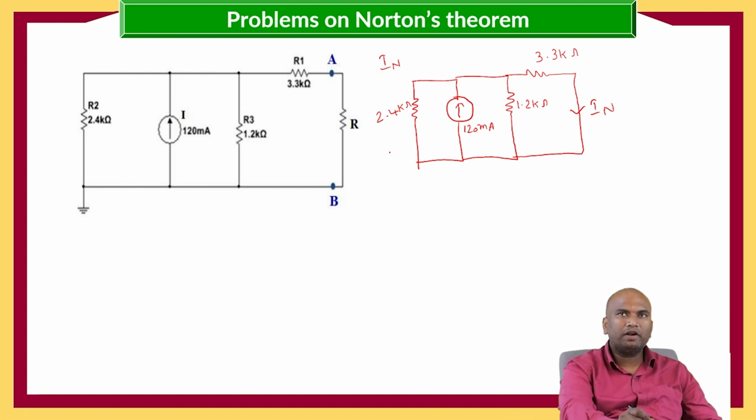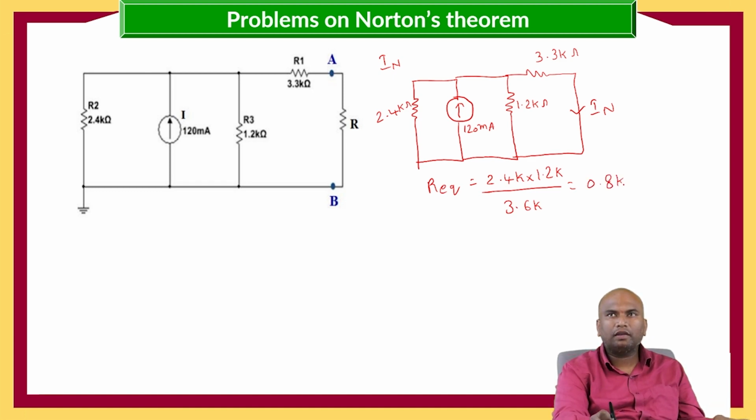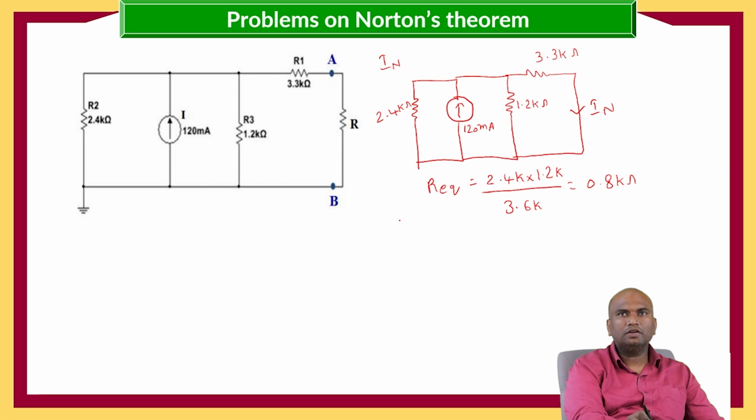Here, this 2.4 kilo ohms and 1.2 kilo ohms are connected in parallel. So the R equivalent is equals to 2.4 kilo into 1.2 kilo by 3.6 kilo ohms, which is equals to 0.8 kilo ohms. Now we got the R equivalent as 0.8 kilo ohms.